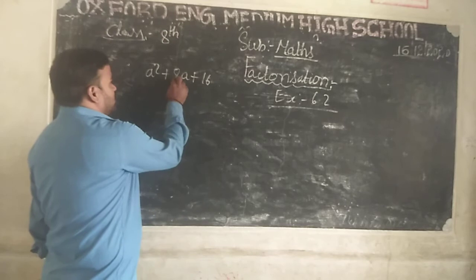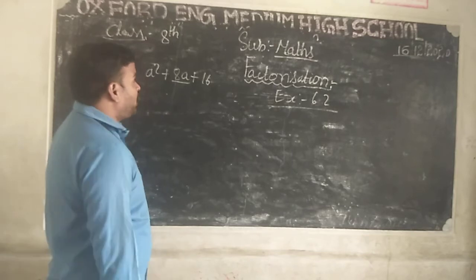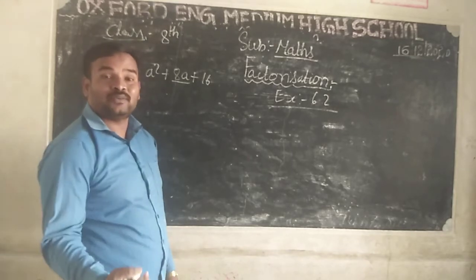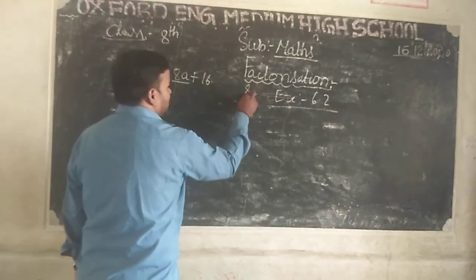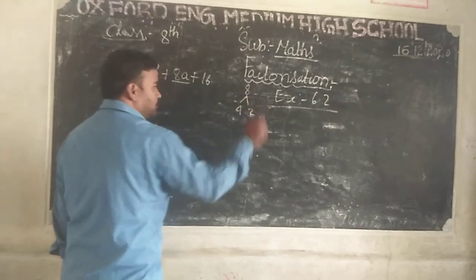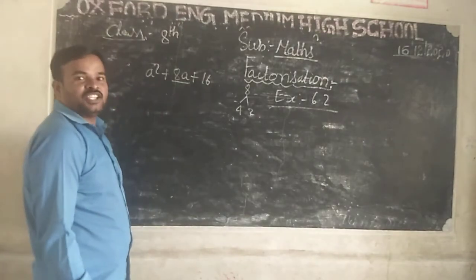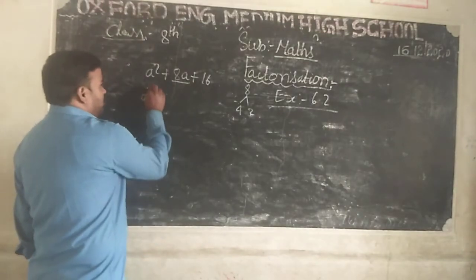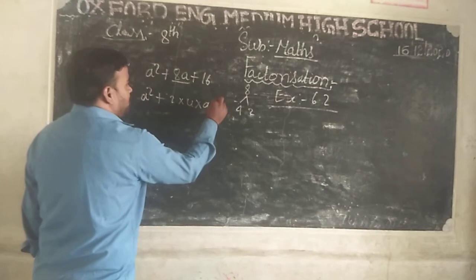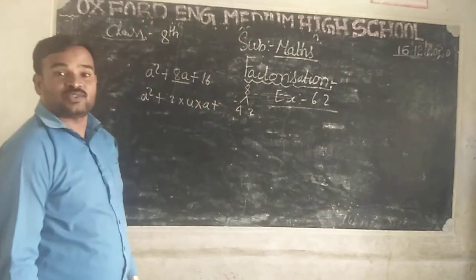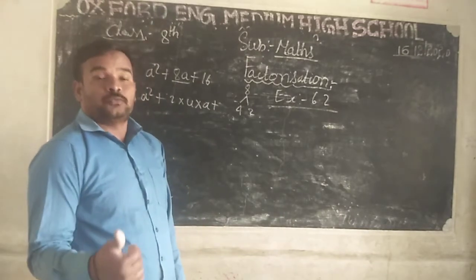Then you observe the second term, the middle term, which is 8a. What are the factors of 8? 4 twos are 8. So now this middle term is split: a square plus 2 into 4 into a plus 4 square, since the square root of 16 is 4, because 4 fours are 16.